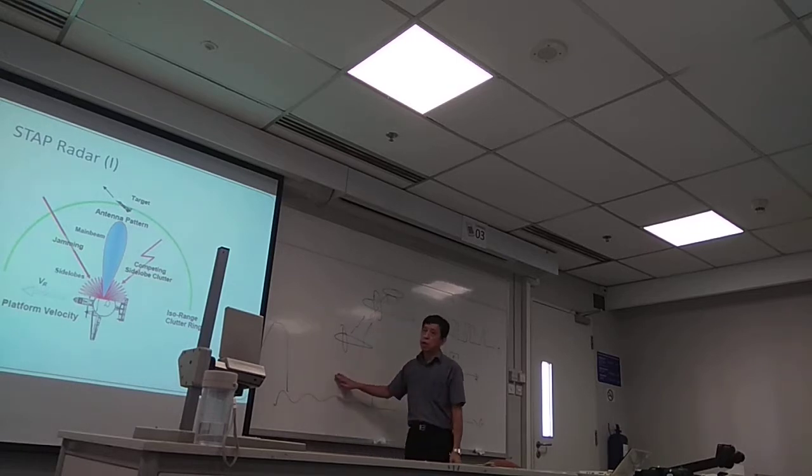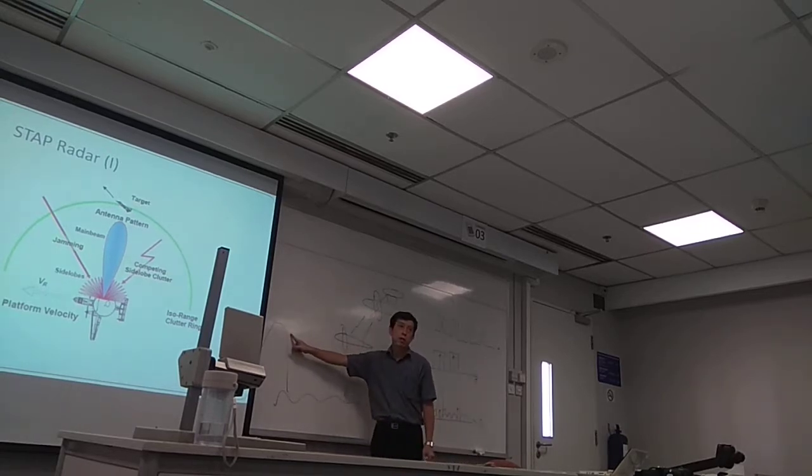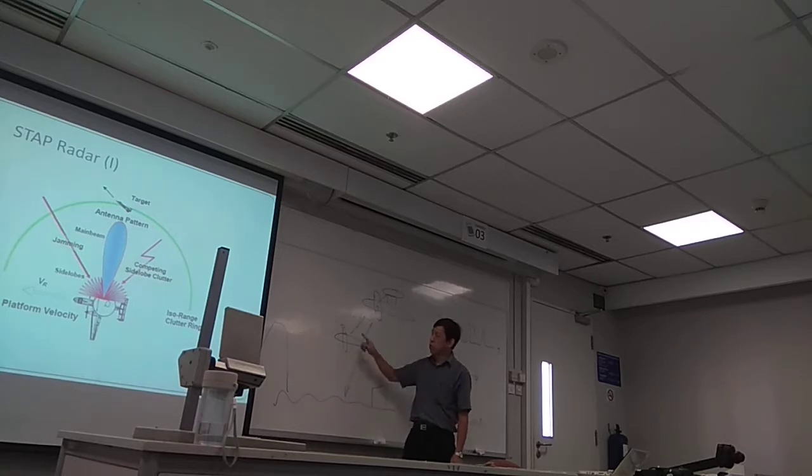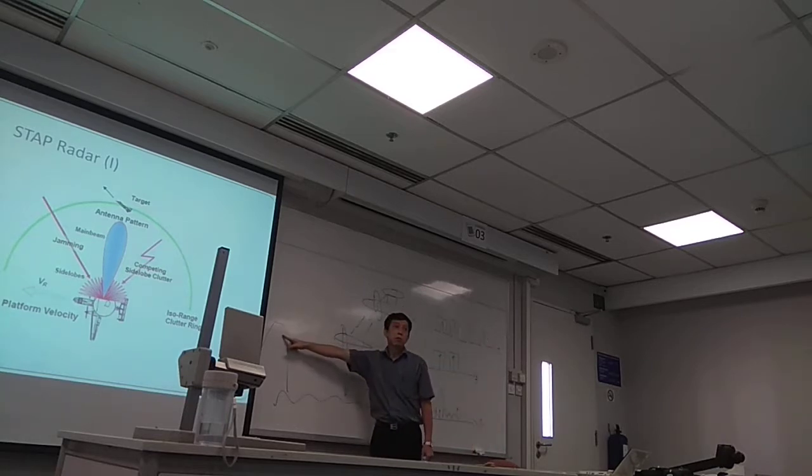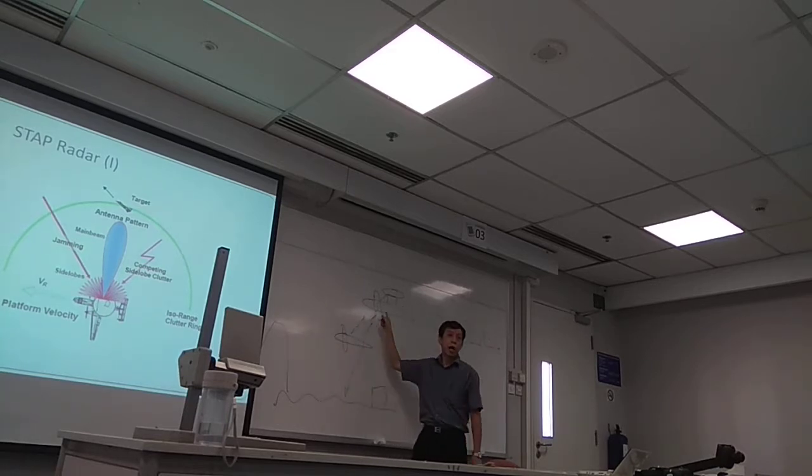But for this case, because you are going to get the clutter return, and you notice that you are flying in this direction, for the terrain around here, the return Doppler frequency is zero, right? But the mountain over there will give you a much higher return Doppler frequency.